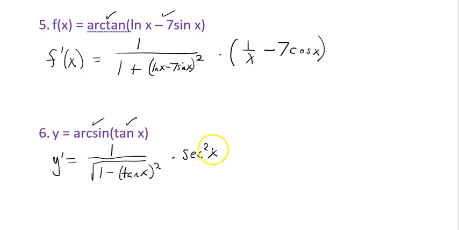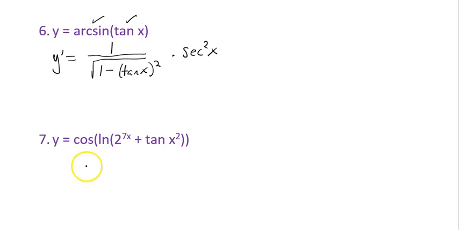So outside, inside. For example 7, I did a double layered chain rule type situation where I've plugged in and plugged in. So you just start on the outside and work your way in.